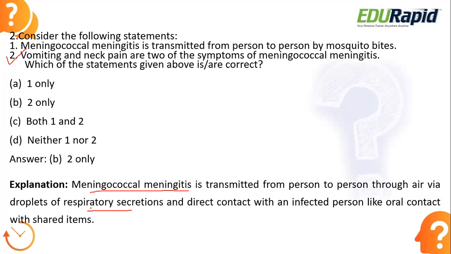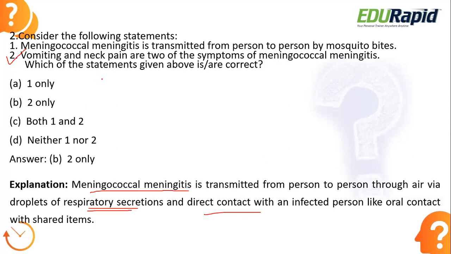So here we have respiratory secretions, and it is also because of direct contact with an infected person. If we come directly in contact with an infected person through oral secretions, oral contact, even this meningococcal meningitis can enter a new healthy individual. So it is one of the causative agents here.